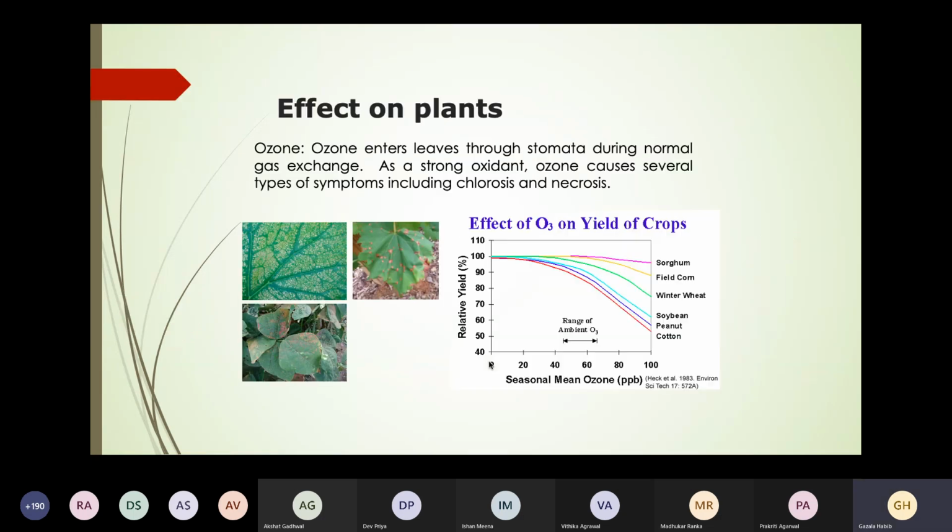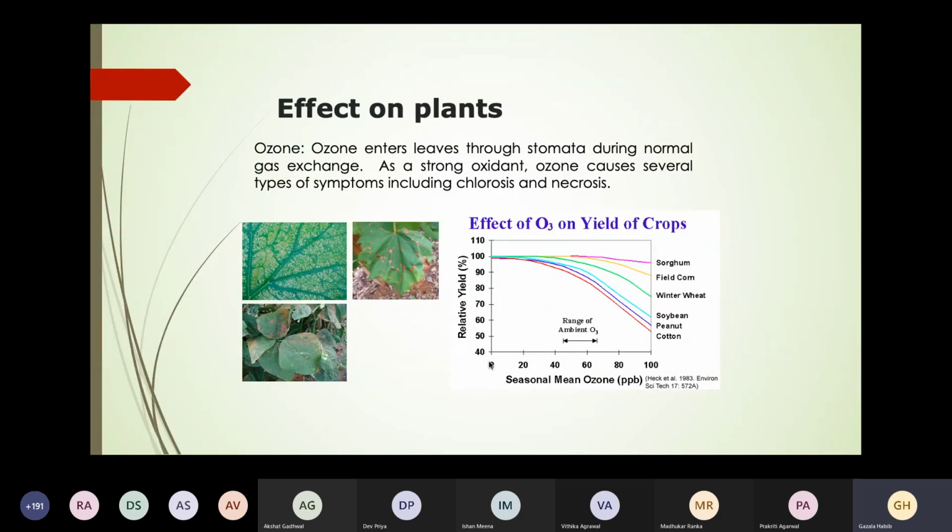Now, on air pollution, we have learned that pollutants are emitted from biogenic and anthropogenic sources, and they go through various chemical reactions if they are active. Some of the pollutants don't even react.